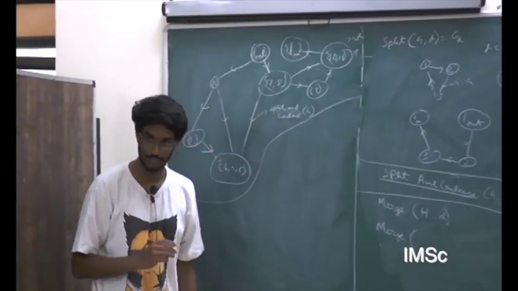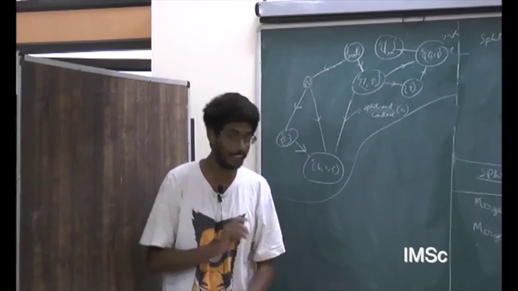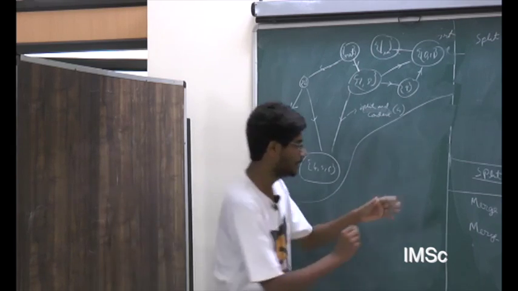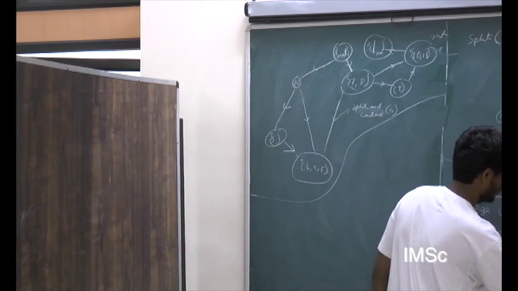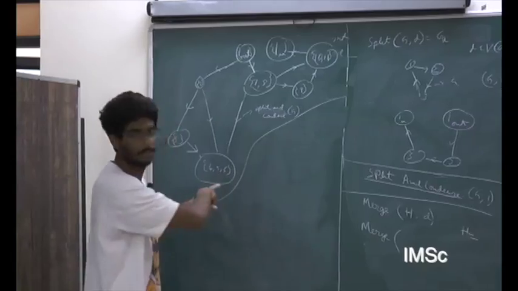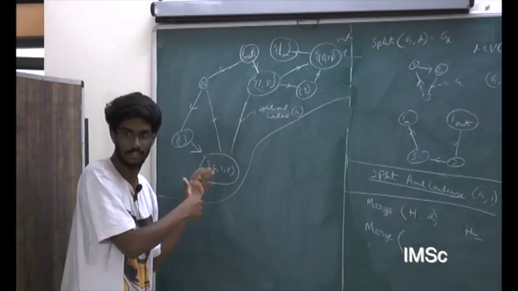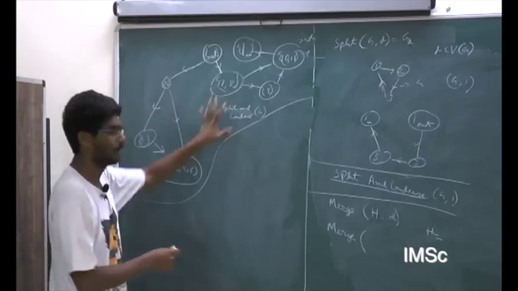Yes, they'll be singletons. Now, H is a subset of vertices in this graph, these meta nodes, fine.